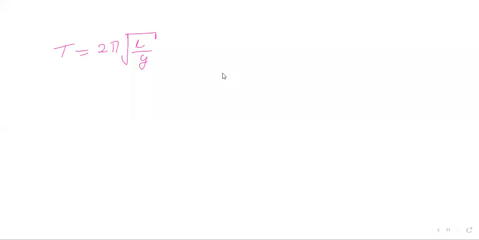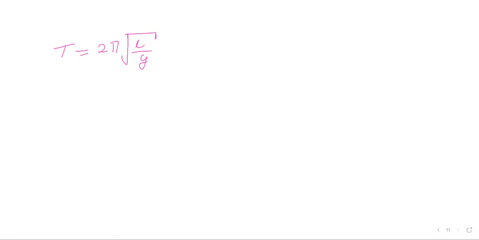Anybody here do physics? Figure it out, write it down, and later figure out where this formula is coming from. It's coming from one of the physics topics, I think pendulum or acceleration or something.